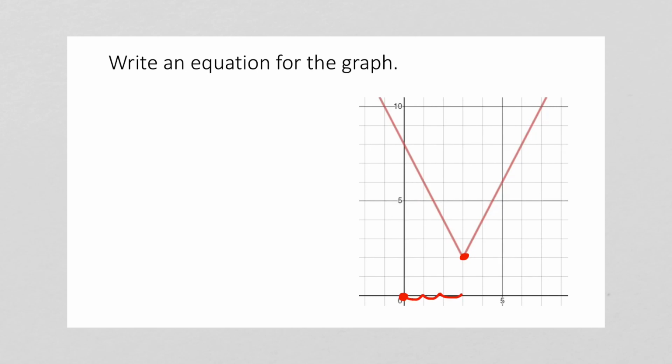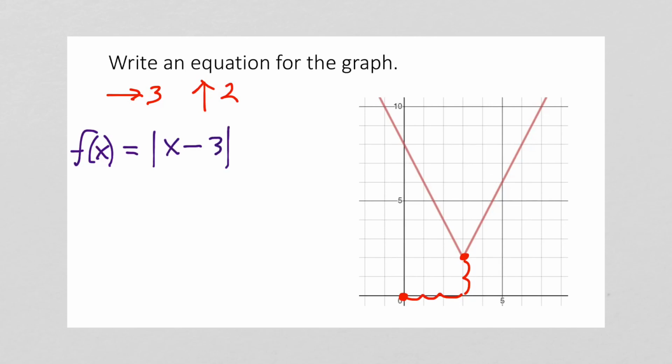So I went 3 to the right, and then I went 1, 2, so I went up 2. So I could say that my function f of x that made that graph had a right translation of 3, so it means I'd have to put a negative in there, and then had an upward translation of 2.